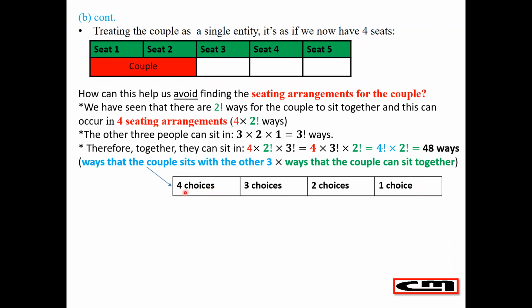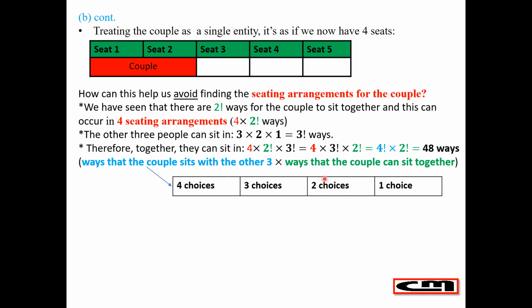So in essence, now I have 4 seats for 4 people. Since that is the case, that means the first seat, any of the 4 can sit. Once it's filled, we are left with the 3. Then second, any of the 3. Once it's filled, we are left with the 2.